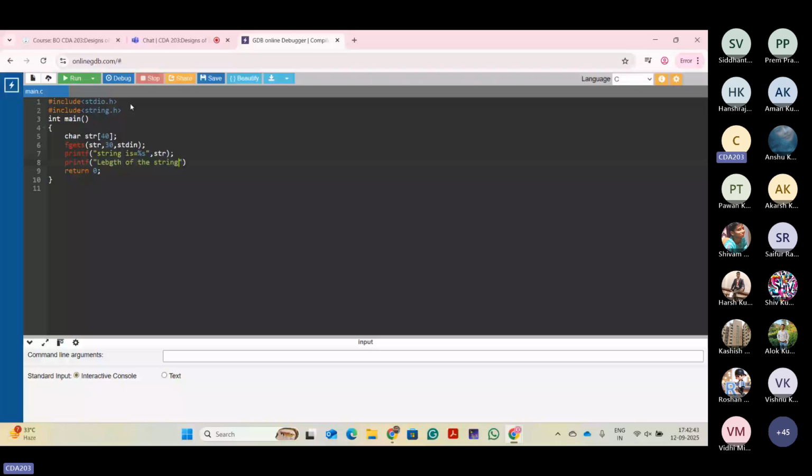Since it's a length, it's an integer, so strlen outputs an integer. This is the function strlen. In the argument, you just have to pass the string. For our case, it's str.